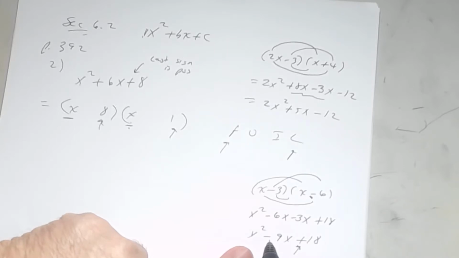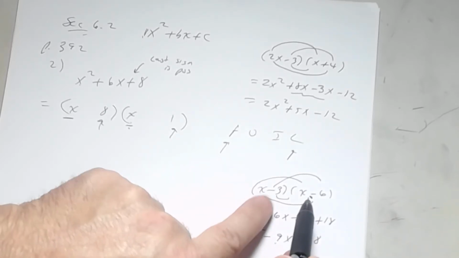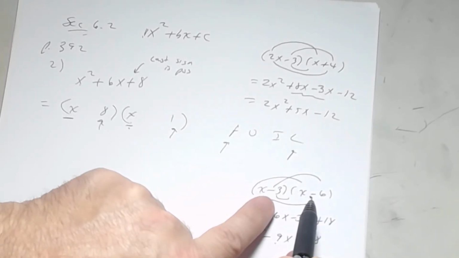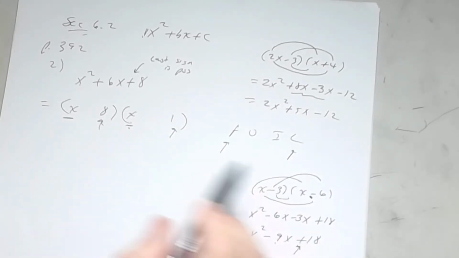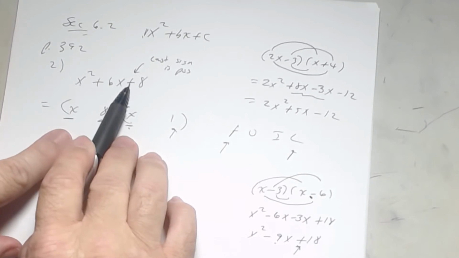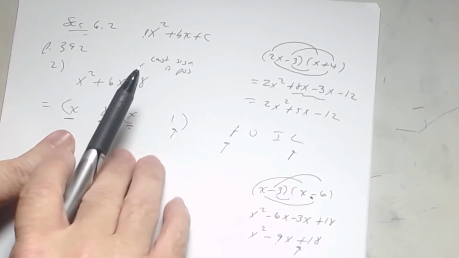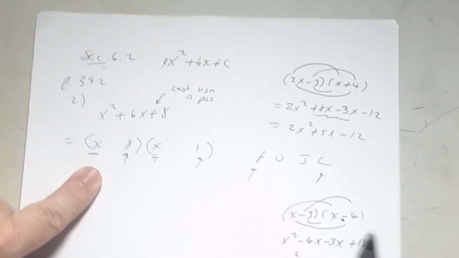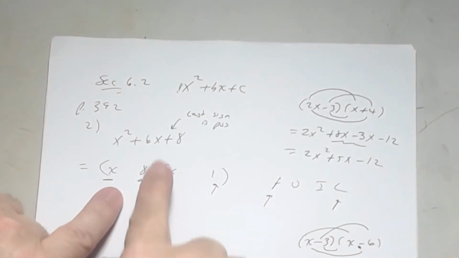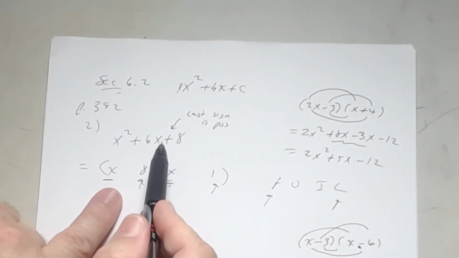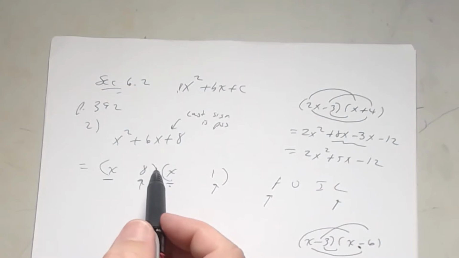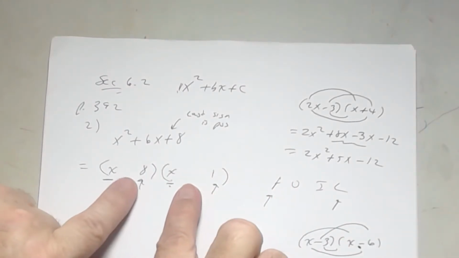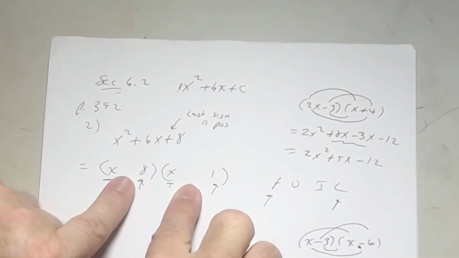The only way I can get the middle term to be negative is if both of these were what? If they're the same, they both have to be negative. So over here, the last sign's the same, okay? That idea is going to be important. The last sign's the same, that means these signs in here have to be the same.